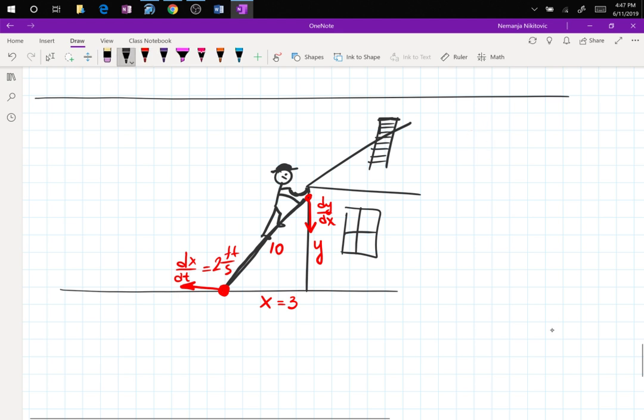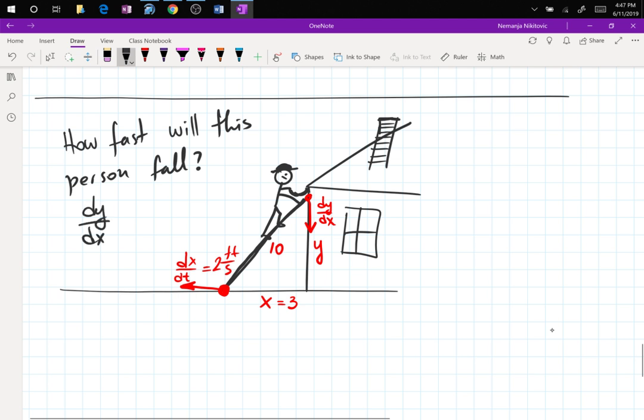That translates into dy/dt equals question mark, because that's the speed of the top of the ladder going down. Does this make sense? Perfect.